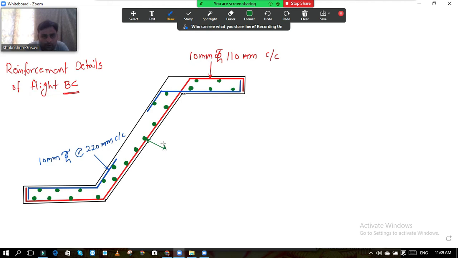These are 8 bars. What was the spacing for distribution? 200, I think so. 200 center to center.